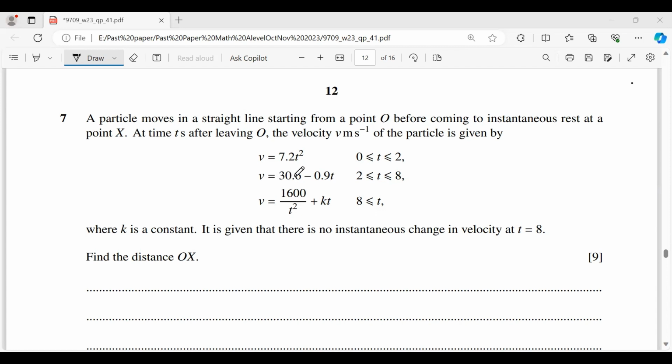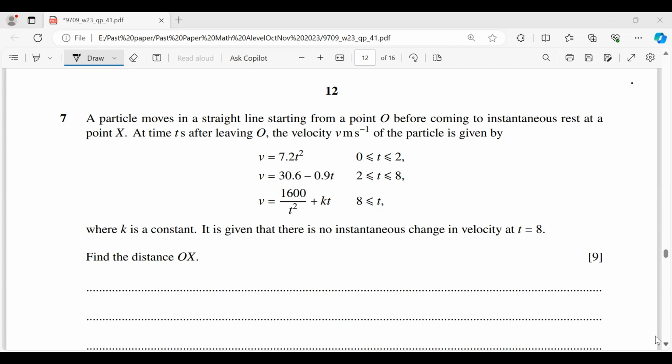V equals 30.6 minus 0.9 t in the interval 2 to 8 seconds. And v equals 1600 over t squared plus kt when t is greater than 8, where k is a constant. It is given that there is no instantaneous change in velocity at t equals 8. Find the distance of X.